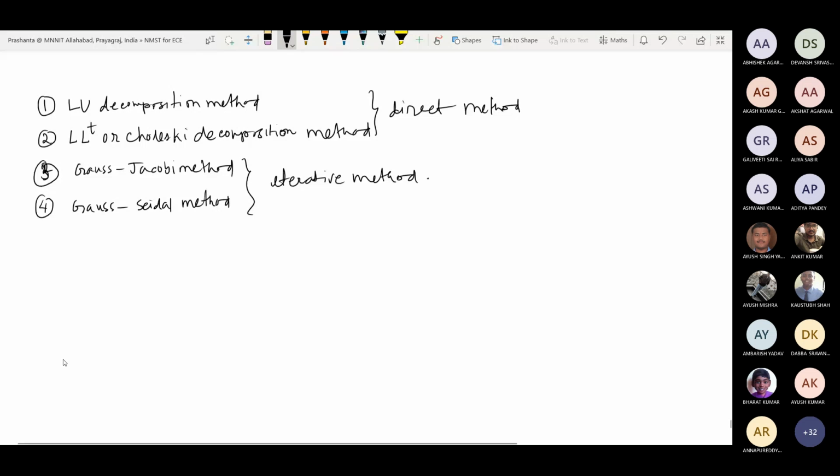For example, suppose a11 x1 equals b1, a22 x2 equals b2, and a33 x3 equals b3. If this is the system of equations, you can very easily solve for x1, x2, x3, is it not?